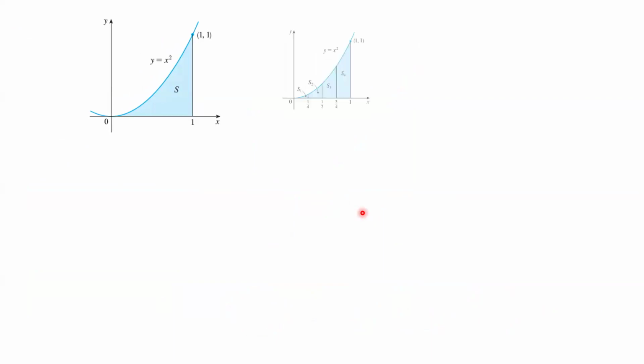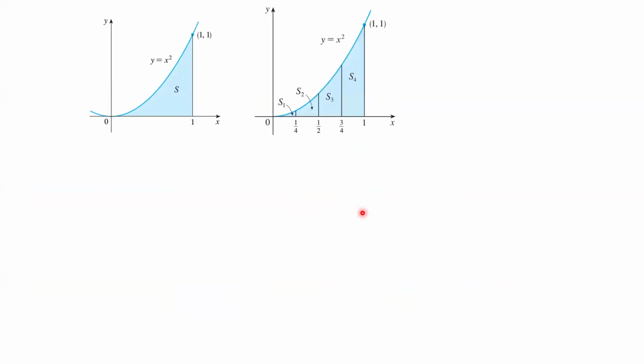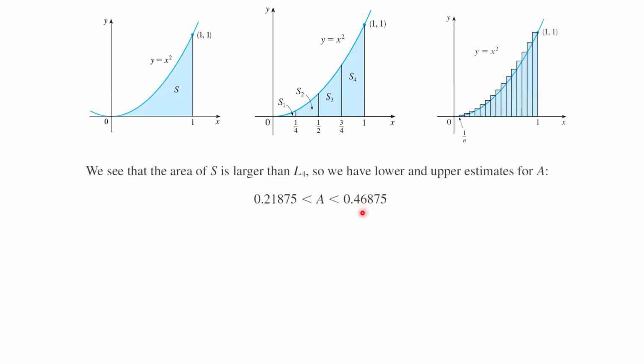So far we saw that if we just divide this up into 4 sub-areas, the area of S, which is below x squared, above the positive part of the x-axis, and bounded by the vertical line here and the origin, is between 0.21875 and 0.46875.